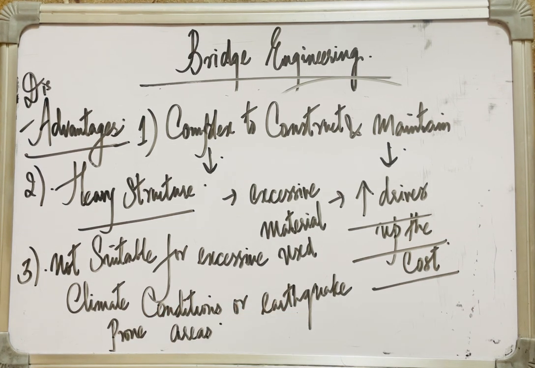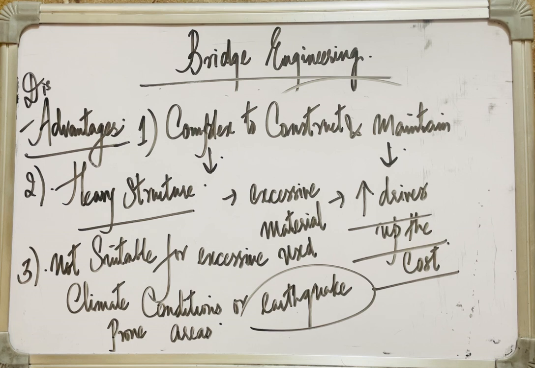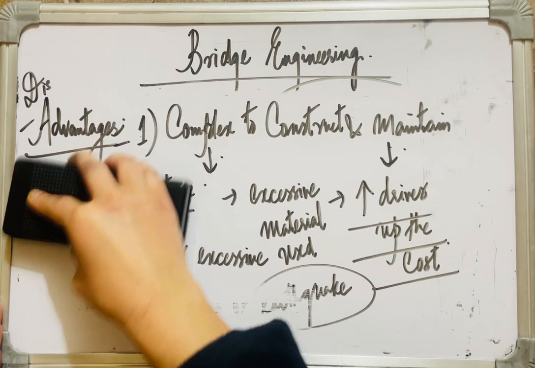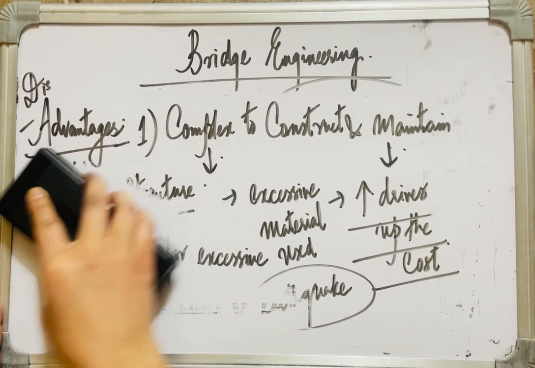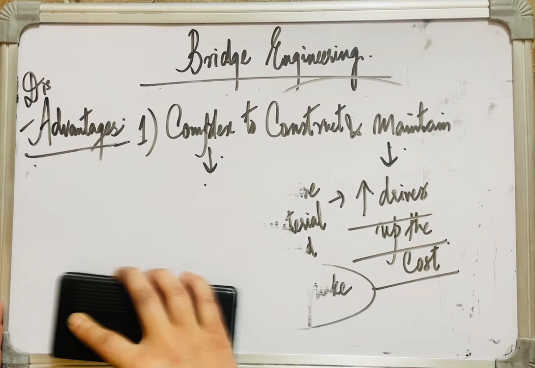So these cantilever bridges are not suitable for excessive climate conditions or earthquake prone areas because they have less intermediate supports or piers, which makes them unsuitable for those areas which have harsh climate conditions and which are prone to earthquakes.